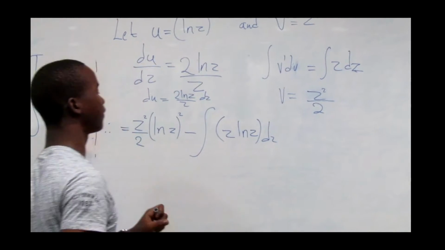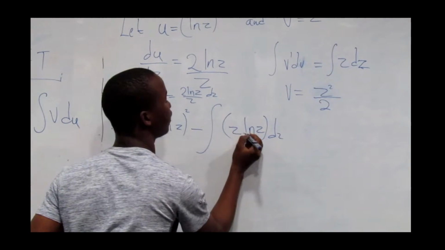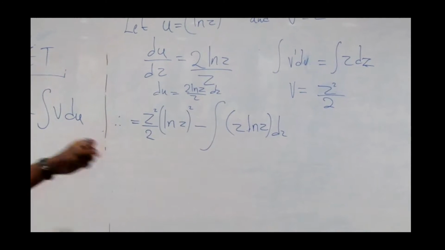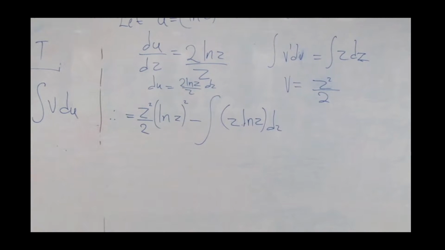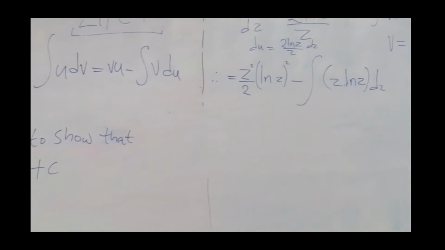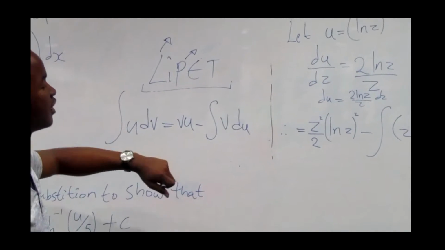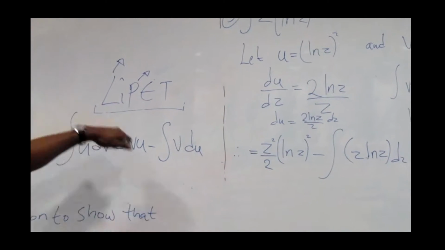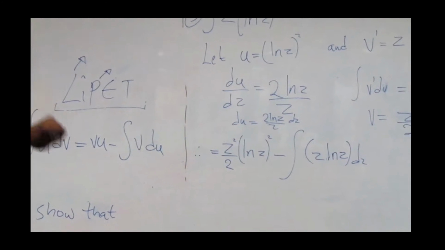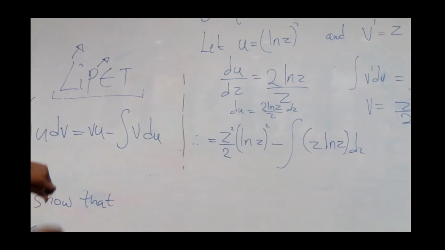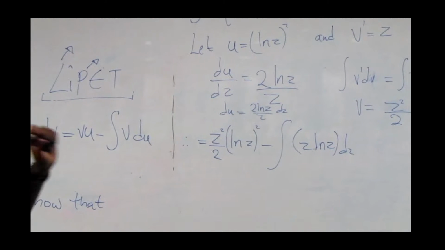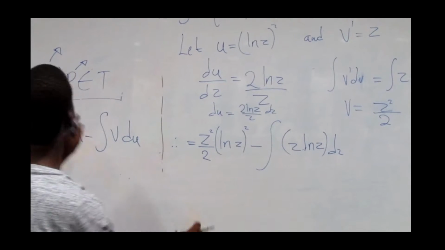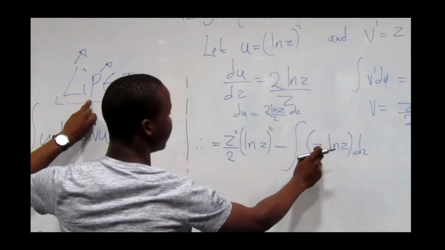From here, we again apply the rule that says you must always let u be the function according to the alphabet, then the second function to be v according to the alphabet. But you must first start with u. When we come here, we have ln and z.